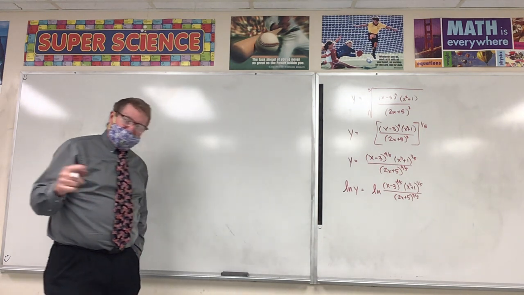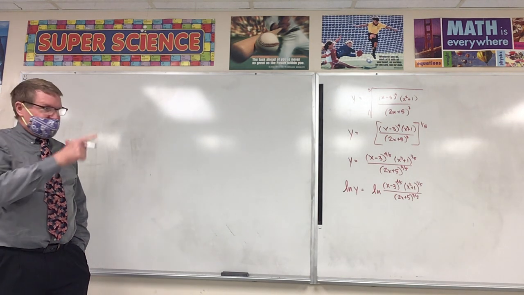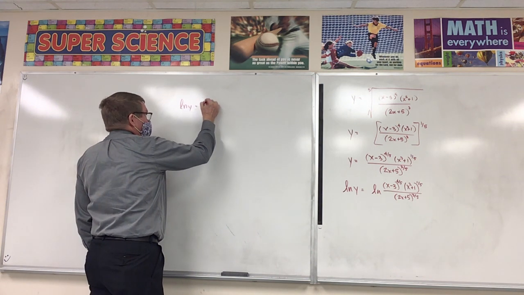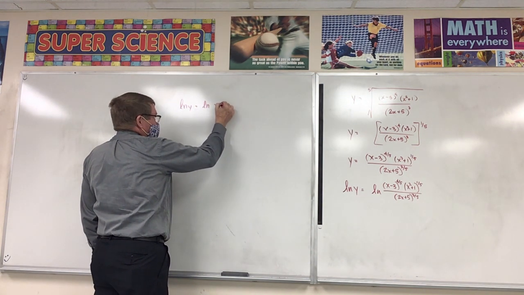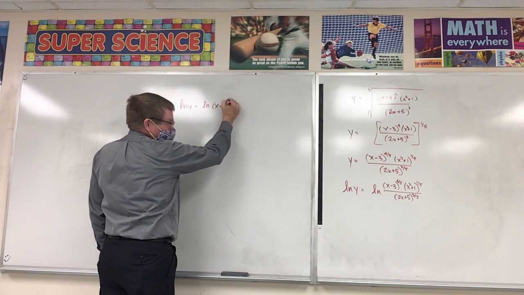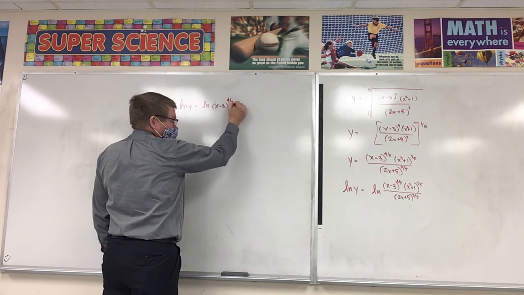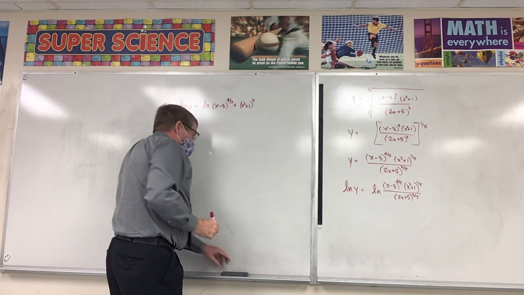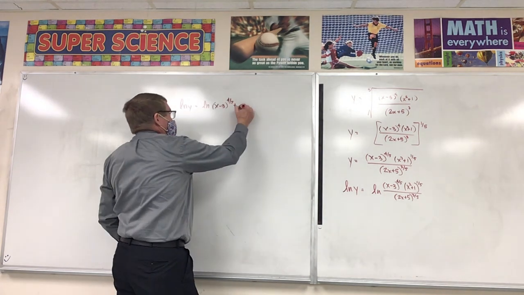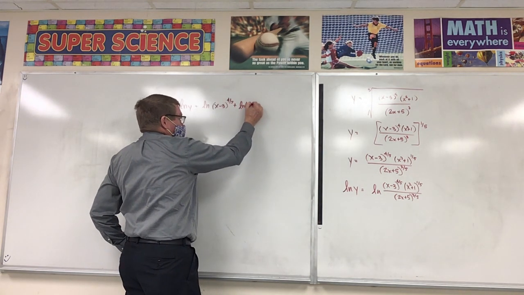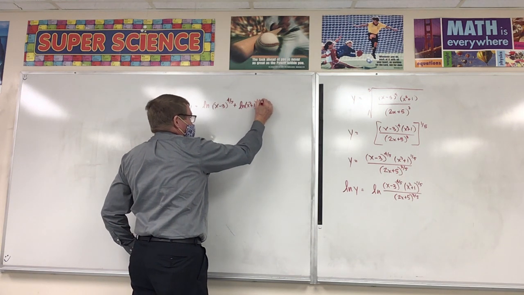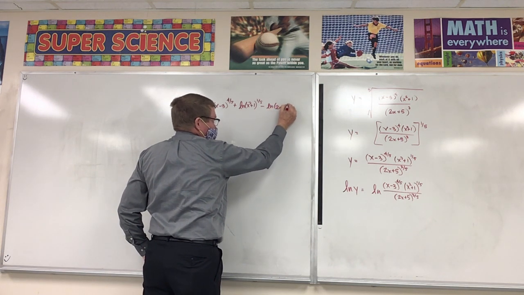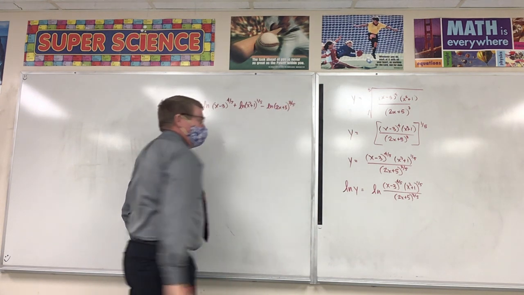Now I'm going to use my principles of logarithms to expand that. That's going to be ln of y equals ln of x minus 3 to the 4/5, plus ln of x squared plus 1 to the 1/5, minus ln of 2x plus 5 to the 3/5.